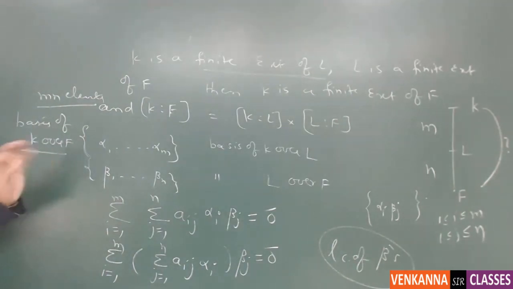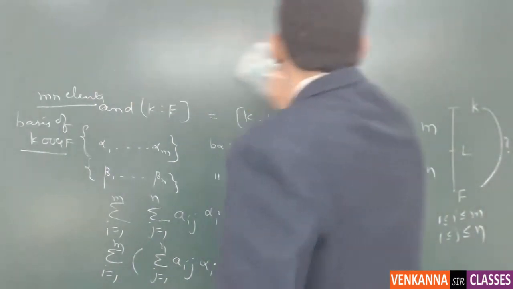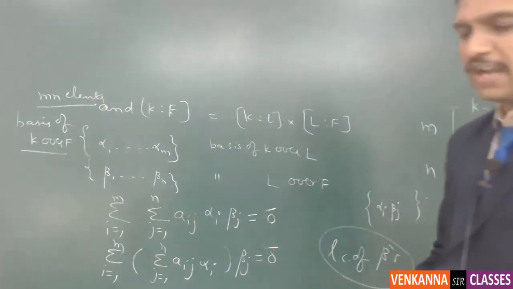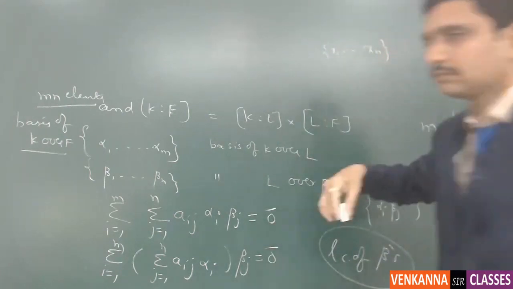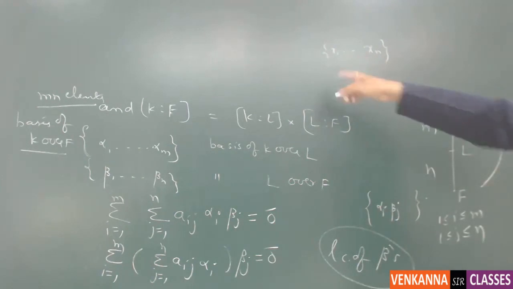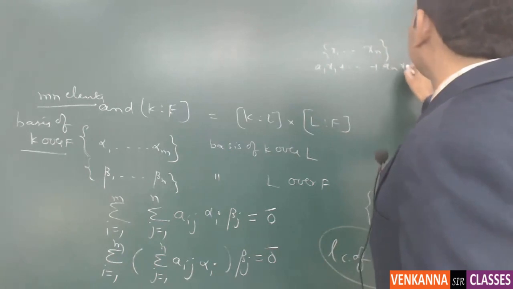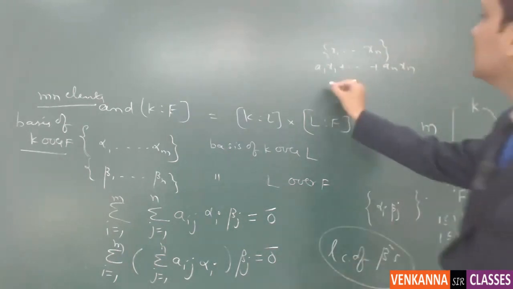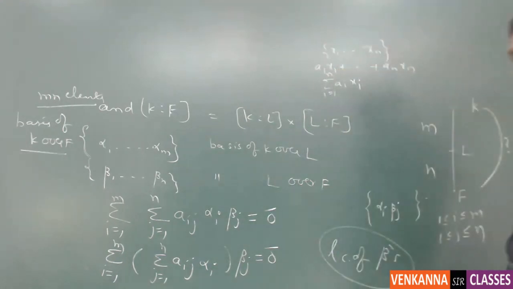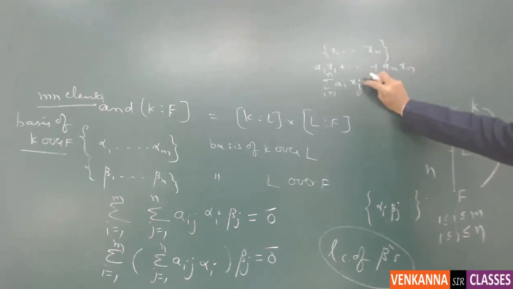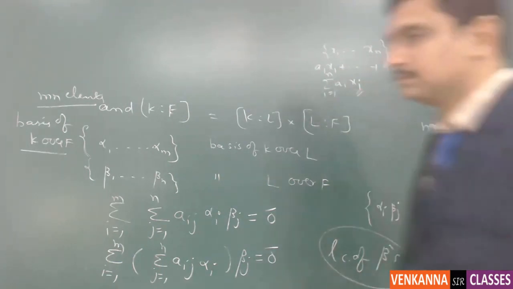So for your understanding, I will write a small thing that is useful to understand the sigma notation here. Let me say I have taken a set x1, x2, so on, xn. If you want to write the linear combination, it is nothing but a1 x1 plus so on plus an xn. This we write as summation i equal to 1 to n of ai xi, where these xi are the vectors and these values are the numbers taken in the field.